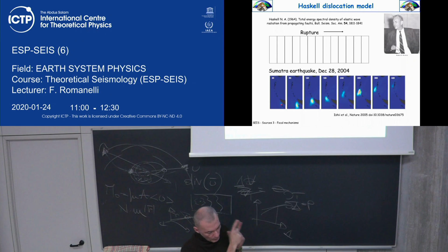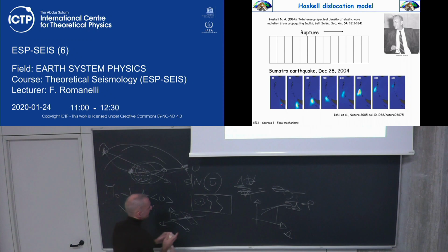And we will give a look to the simplest extended source model that we can imagine. He imagined it, and why is it simple? Because we can work it algebraically. Well, because it's saying, okay, let's imagine that we have a fault with a given length and a given width. Let's imagine that the rupture is starting from one side.